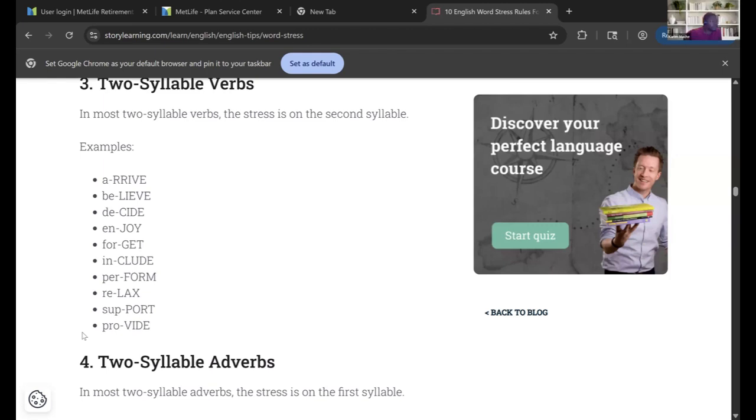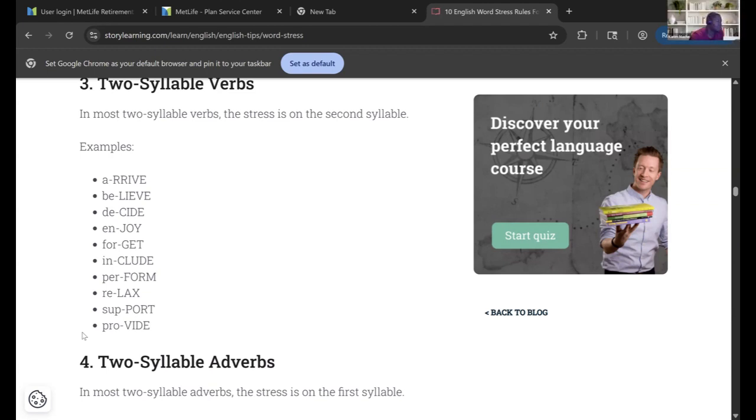Just show me that you understood the rule and apply it. Arrive. Arrive, okay? Believe. Believe, good. Decide. Decide, good. Enjoy. Enjoy, that's good. Forget. No. Forget. Yes.